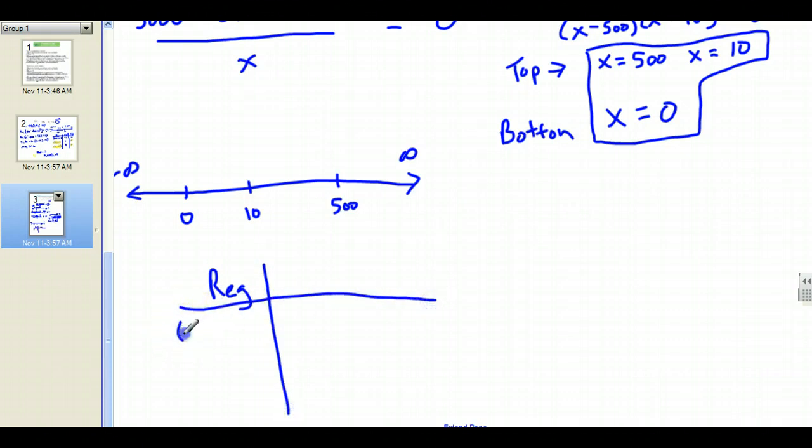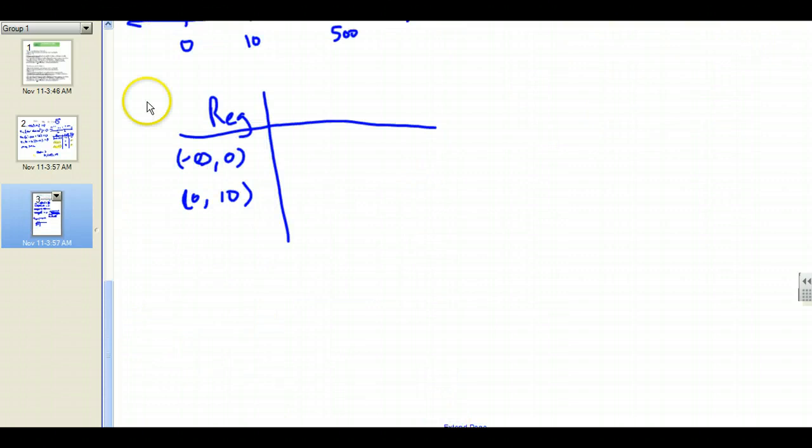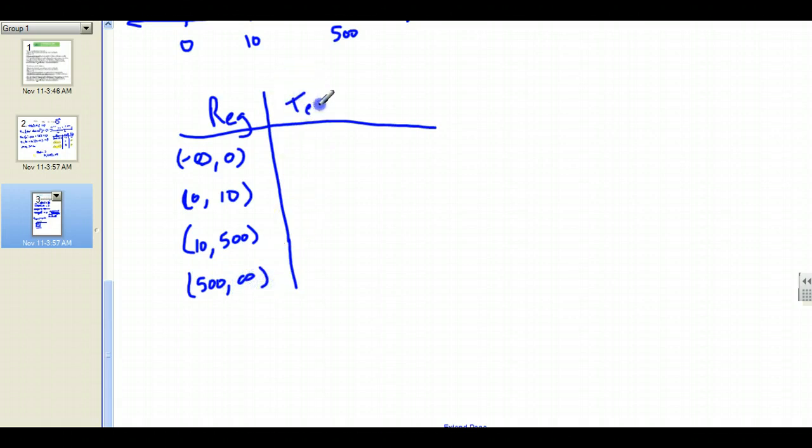We've got negative infinity to 0 again, from 0 to 10, from 10 to 500, and then from 500 to infinity. We're going to pick a test point in each one of those regions, and then come up with the sign of that test point.